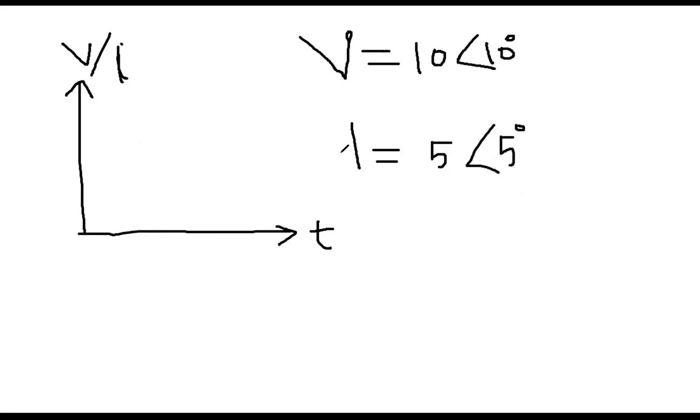So, for example, this is my voltage response. And then this is the current. How to draw the current? Will it start from here, or will it start later, or when? So that time you will be looking at the angle difference.